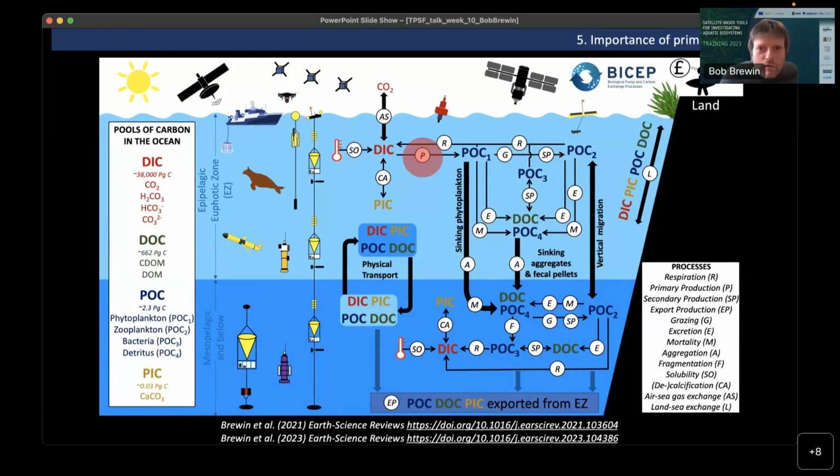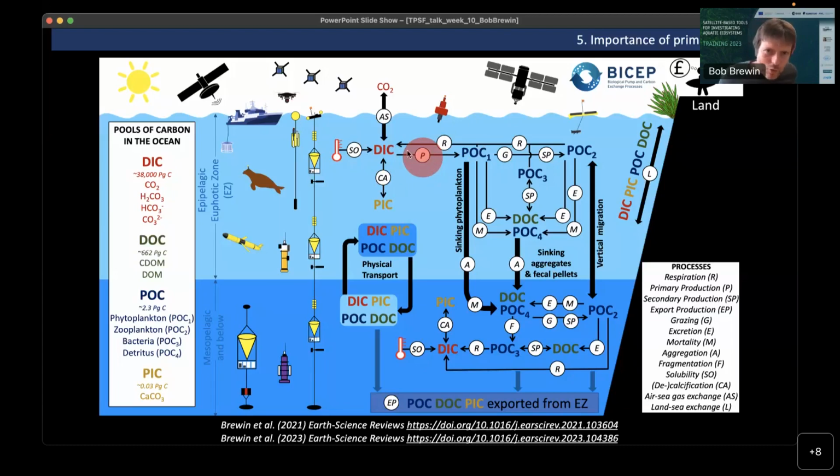It's lying right about here in this process. So we have our dissolved inorganic carbon, which is being converted into particulate organic carbon through the process of photosynthesis. So this is like our gross primary production. And then you would minus the respiration just by phytoplankton here in order to get your net primary production.